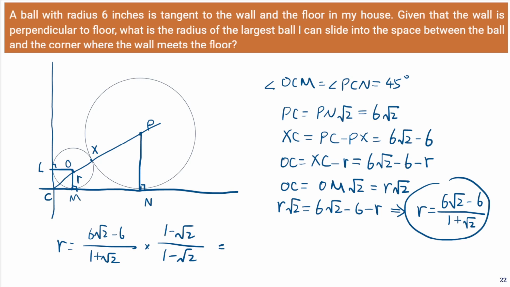And eventually we have R equals 18 minus 12 square root 2. So this is the radius of the largest possible ball I can slide into the space between the ball and the corner where the wall meets the floor.